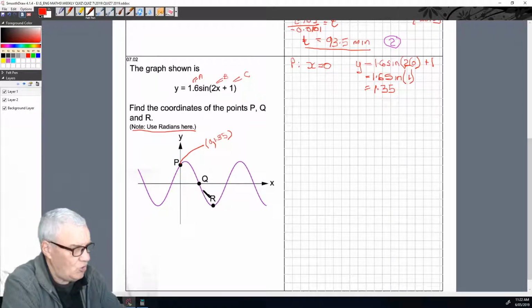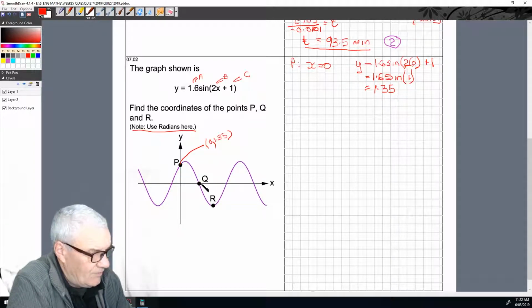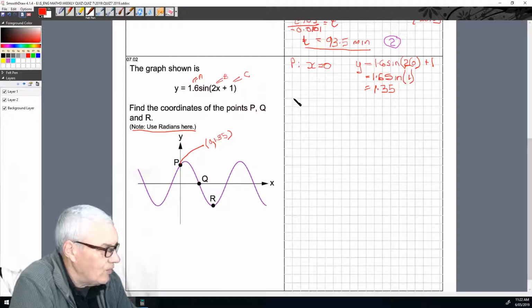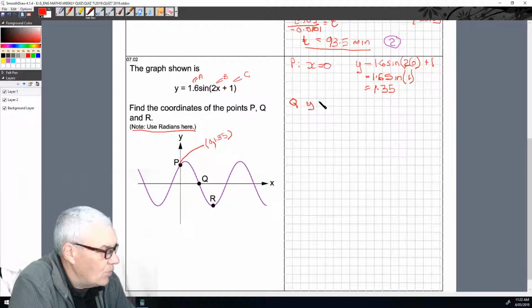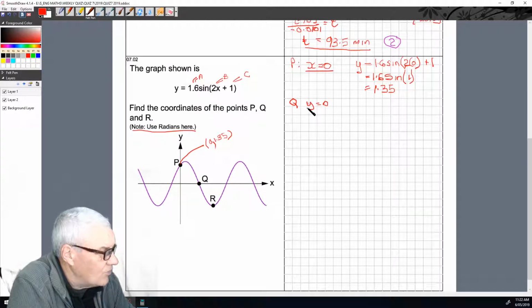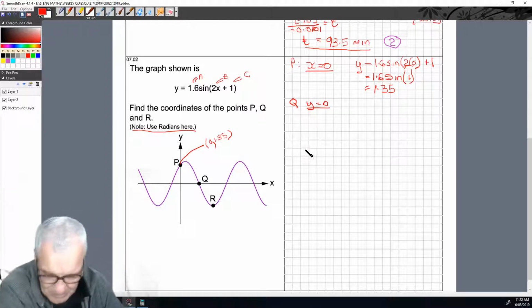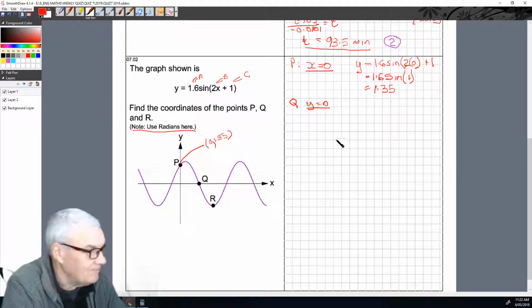Now here at Q, this is when y equals 0. So we've got Q, and we've got y equals 0. I like to underline those as their sort of conditions. That's when y equals 0.